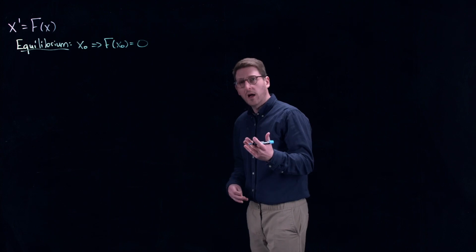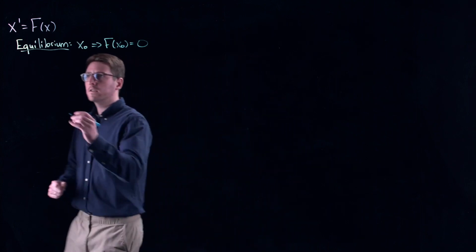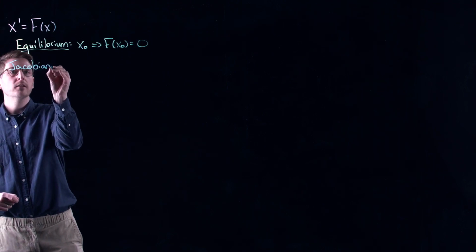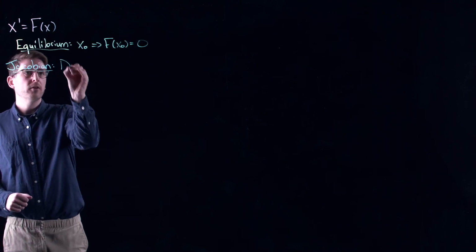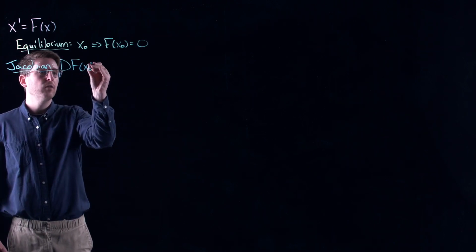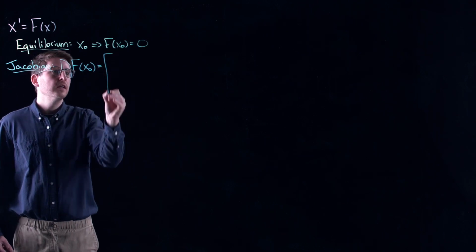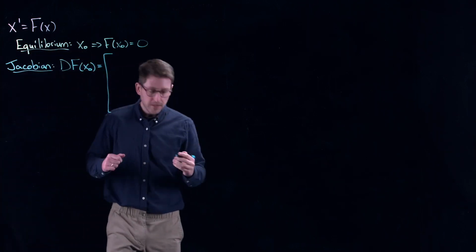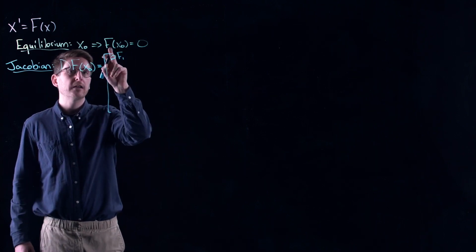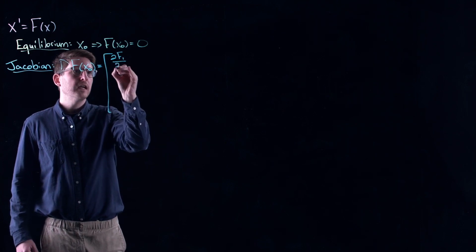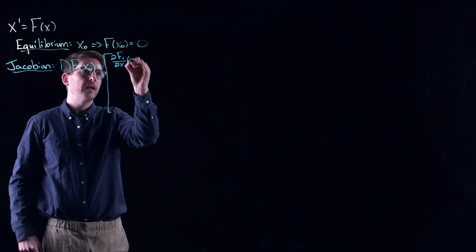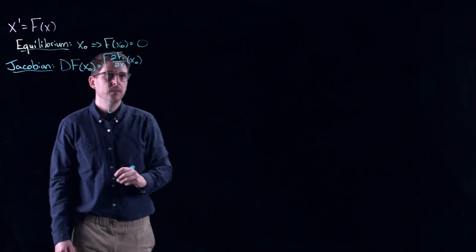Well, then what we can do is look at what's called the Jacobian matrix. We've seen this before when we looked at multidimensional Newton's method. I'm going to denote it as df, d standing for a derivative, evaluated at the equilibrium point. It is a big, ugly, complicated matrix. Take the first component of the vector f, which I'm calling f1, take the partial derivative with respect to the first component of x, x1, and evaluate at the equilibrium.